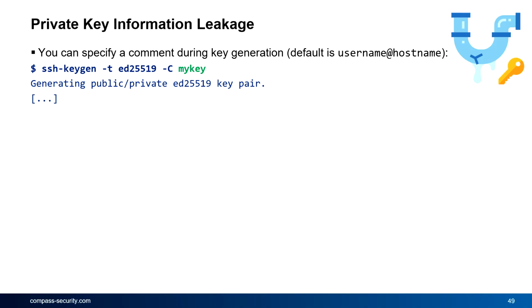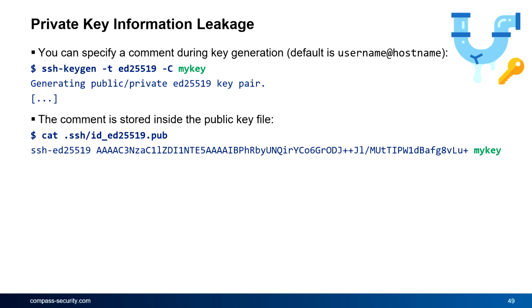When you generate a new SSH key pair, you can specify a comment during the key generation. By default, this is the username and hostname of the host where you generate the key. In this case, I specified the comment myKey, and this comment is also stored inside the public key, at the end.